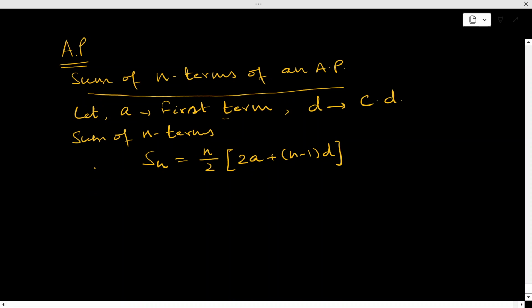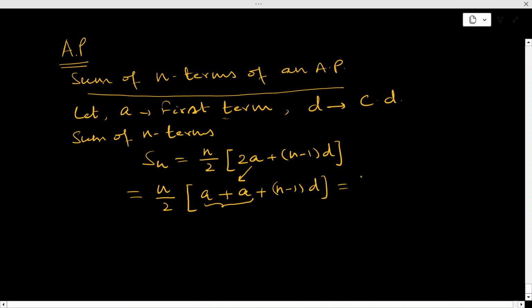Now we can obtain another form of this formula if we break this 2a as a plus a. So this 2a can be written as a plus a, and we have (n minus 1) times d.